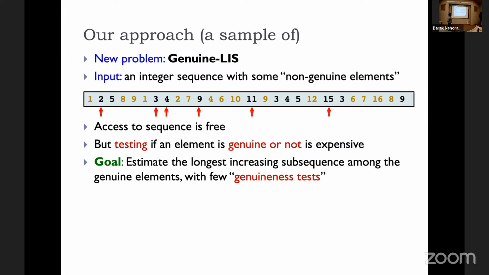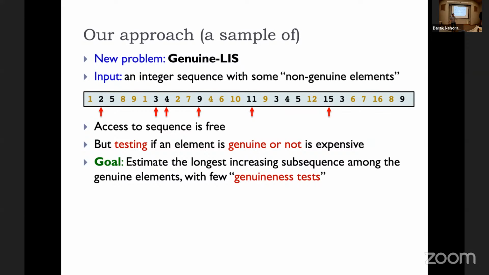So again, the goal is, the orange colors are the corrupted or non-genuine elements. We need to find the LIS among the genuine elements, so the longest subsequence, and our cost is how many times we test whether a particular element is genuine.